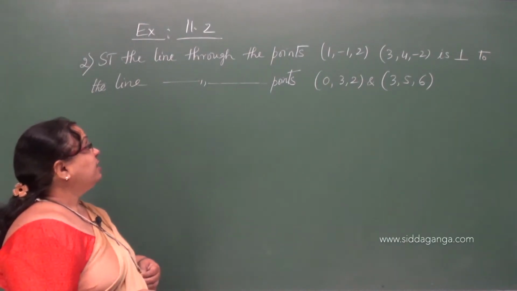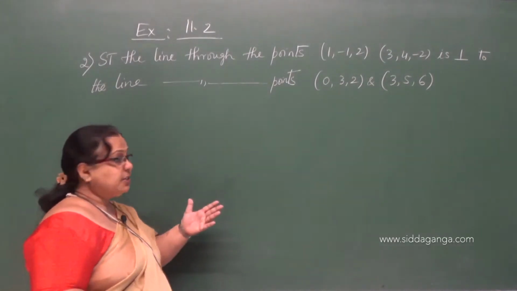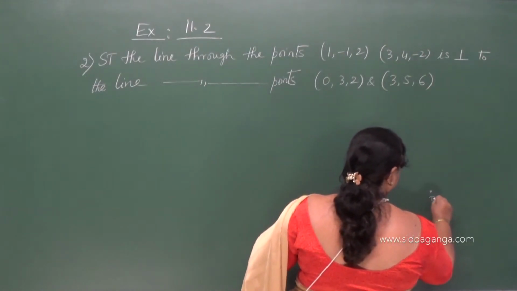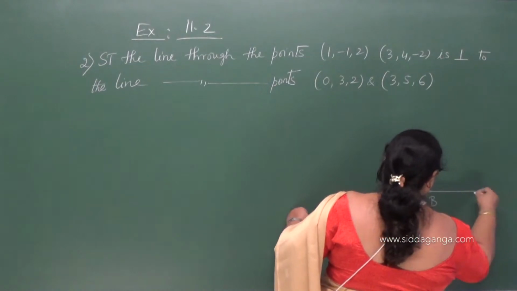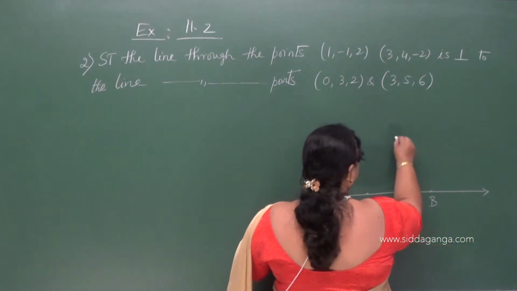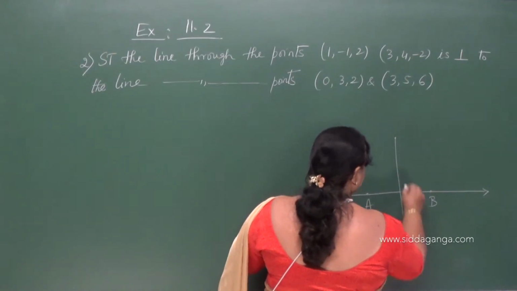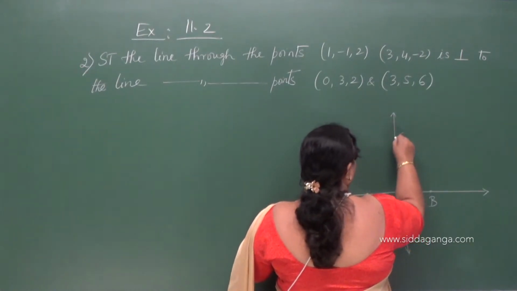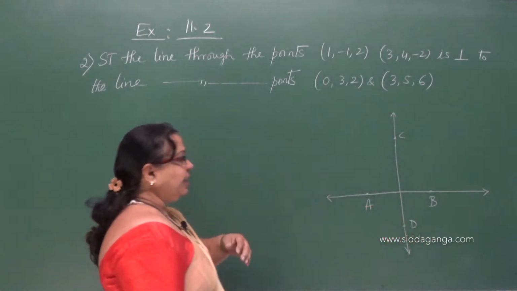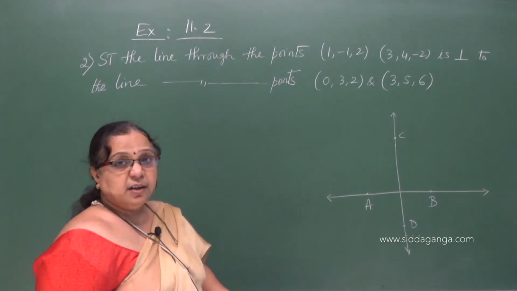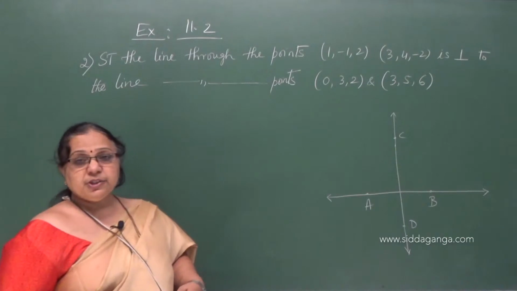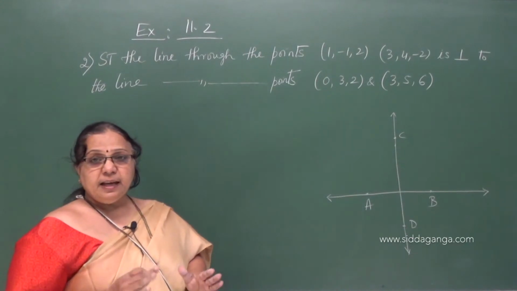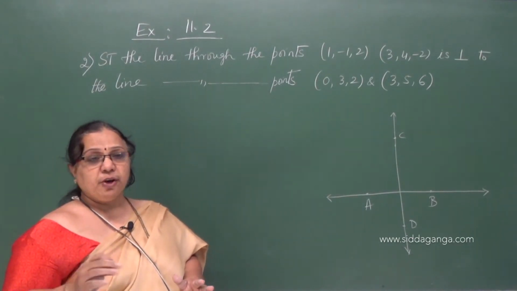We have to show that the line passing through the points, taking the first 2 points as A and B, the line passing through the points A and B is perpendicular to the line passing through the points C and D. We have to extend these, that is, line AB and line CD. In the first unit we have studied the direction ratios of the line joining the given 2 points.